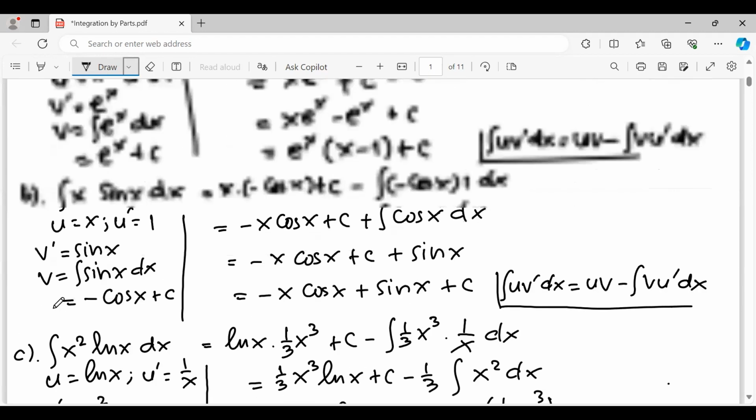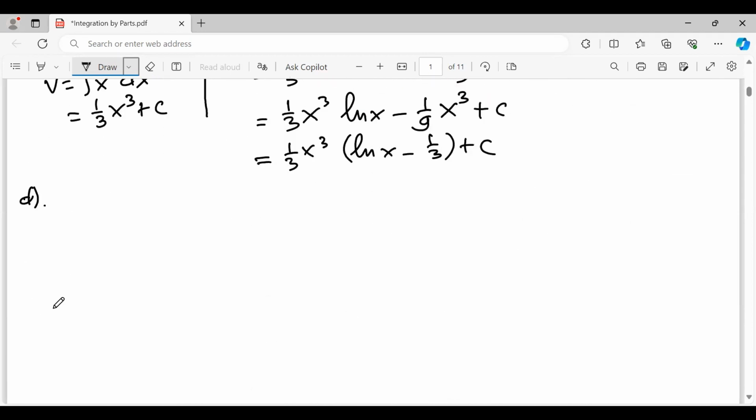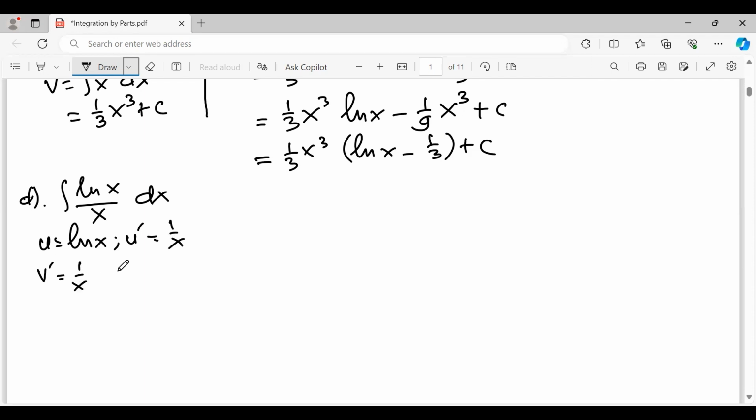d, integral of ln x over x. So u equals ln x, so derivative u equals 1 over x. And derivative phi is 1 over x.